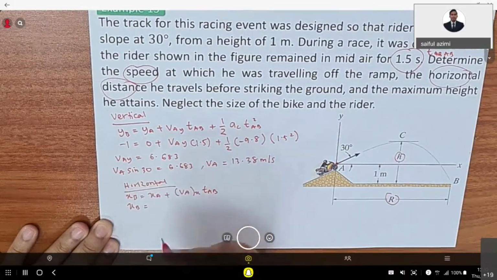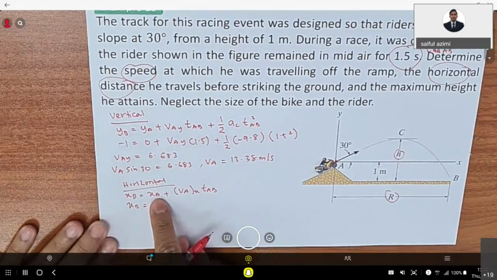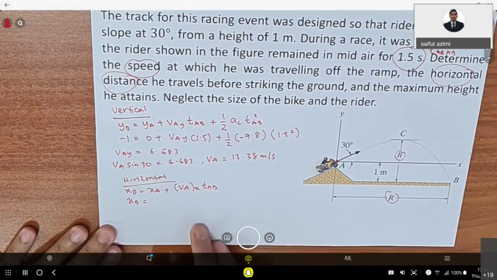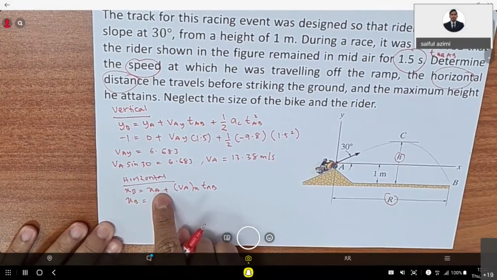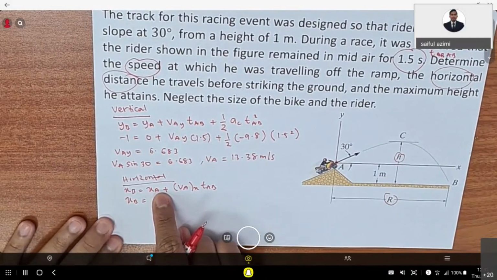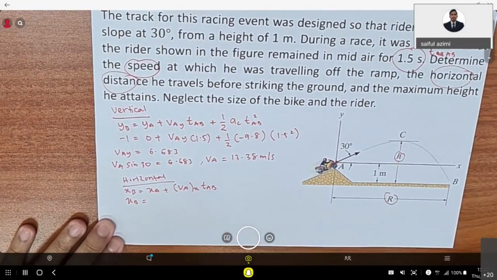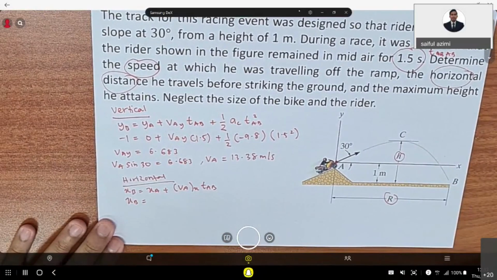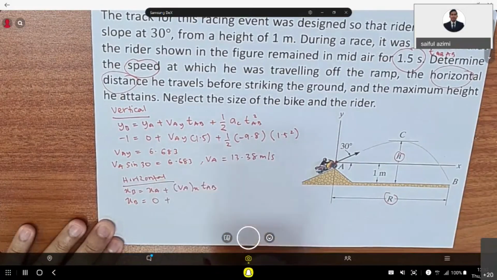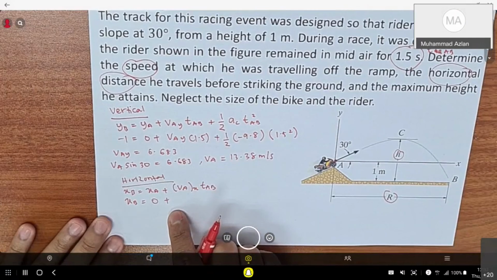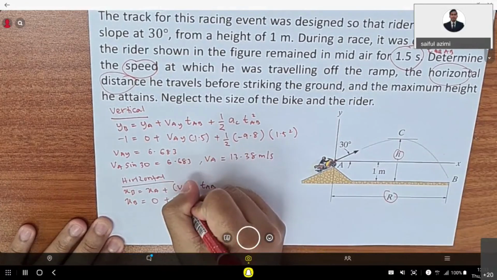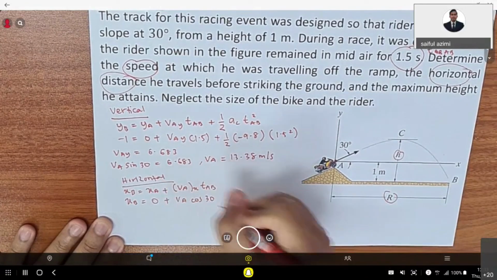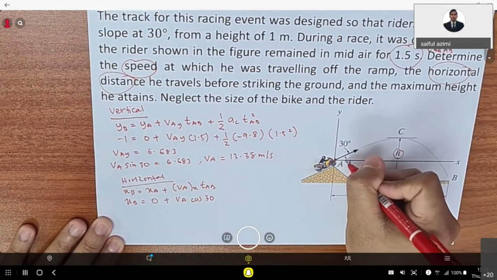What is XA, the initial horizontal position? 0, sir. 0 plus VAX, we don't know, but from the formula, VAX equals VA cos 30, because this is 30 degree.